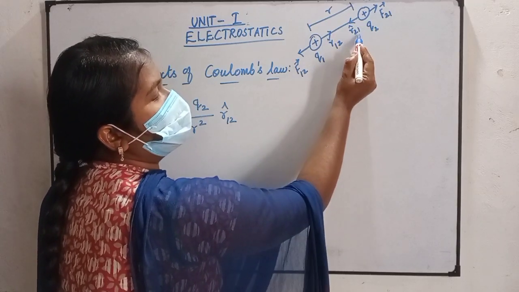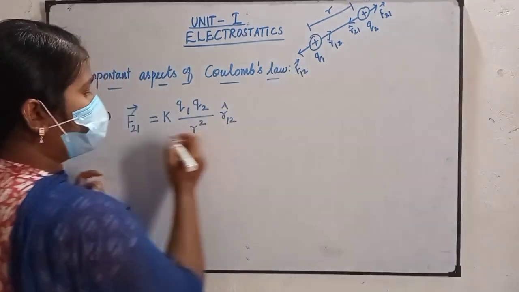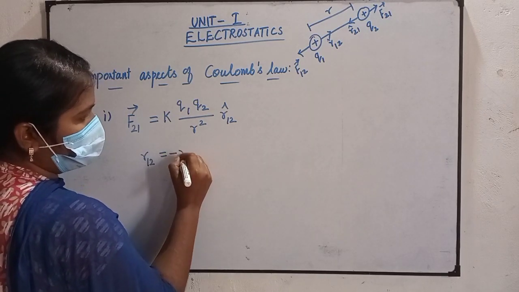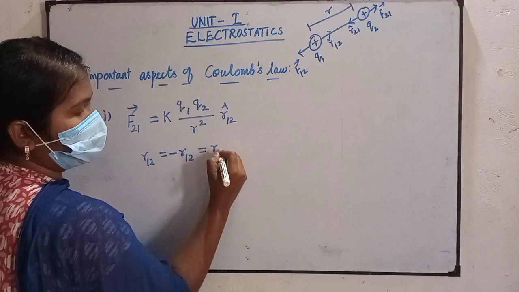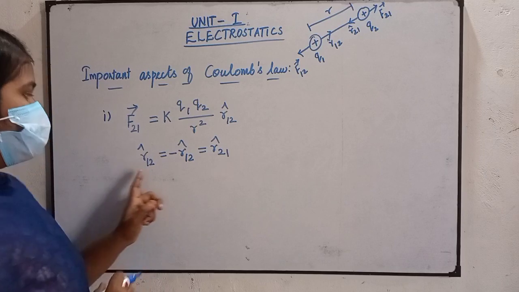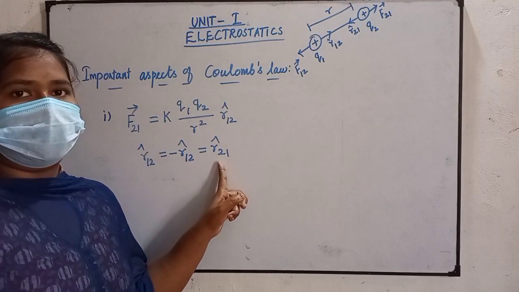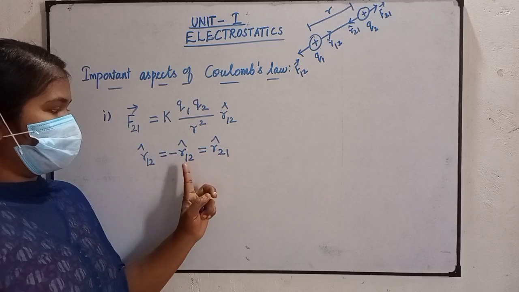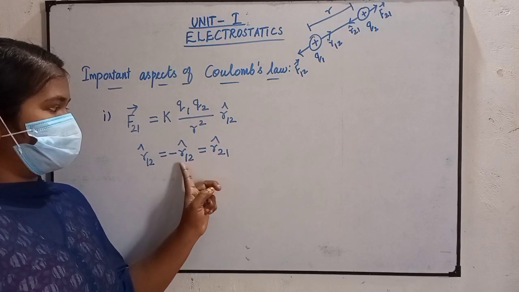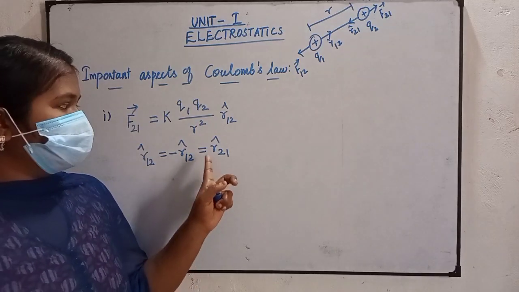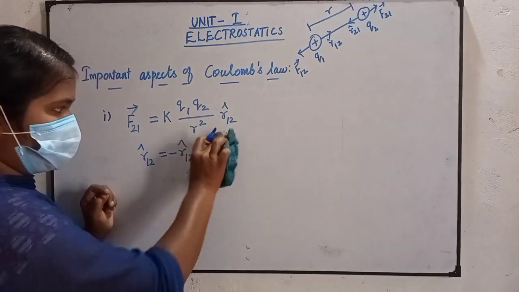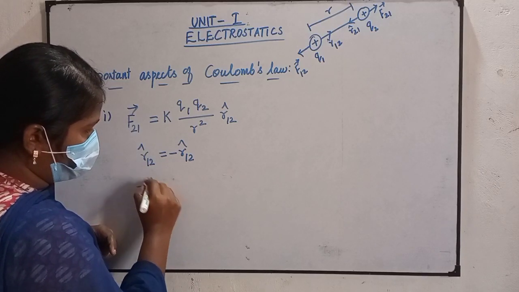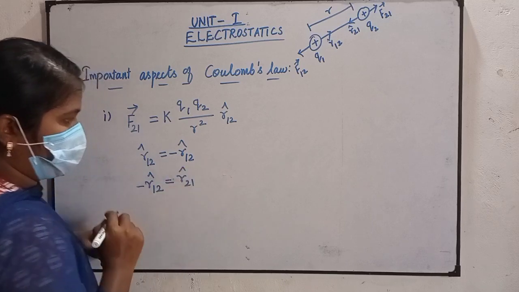So R21 is the opposite direction of R12. Therefore I write minus R12 cap is equal to R21 cap.